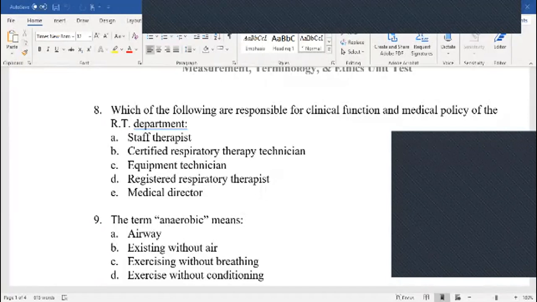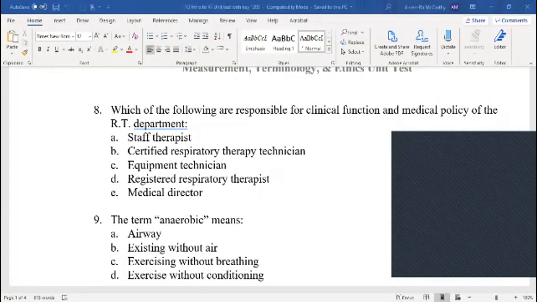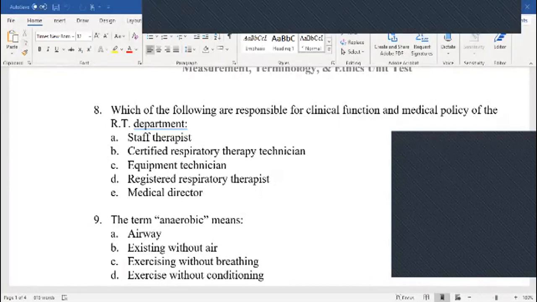Excellent. Number 9. The term anaerobic means what, Maria? Existing without air.